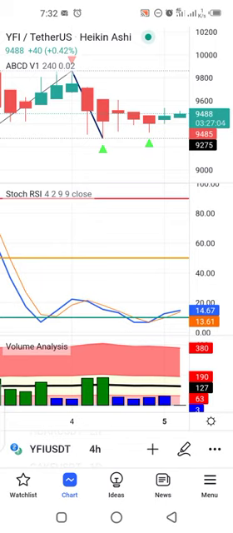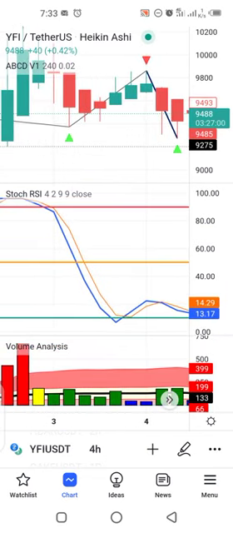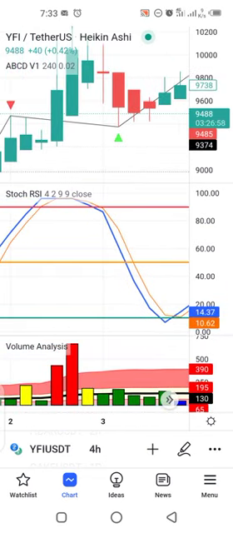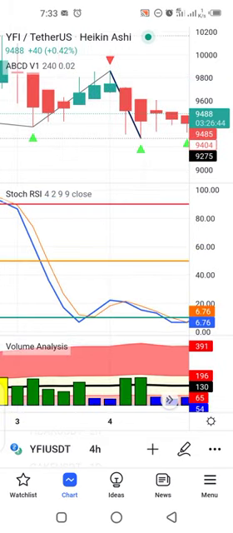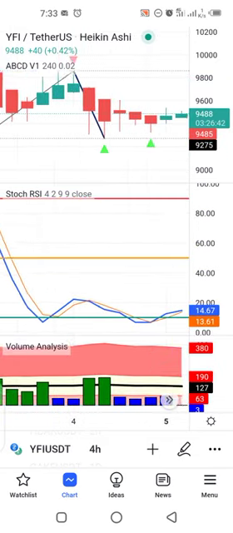Now, what do these indicators mean? These indicators have bars. It has the red bar that talks about very high volume. It has a yellow bar that talks about high volume. It has a green bar that talks about average volume, and it has a blue bar that talks about low volume.